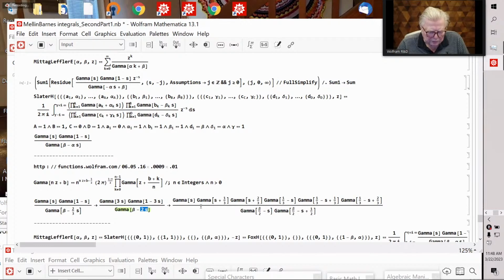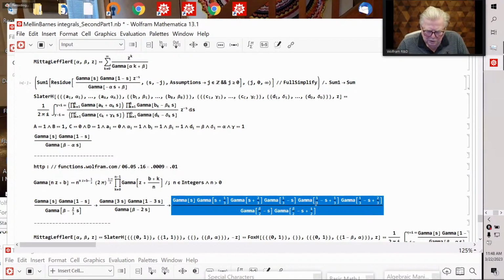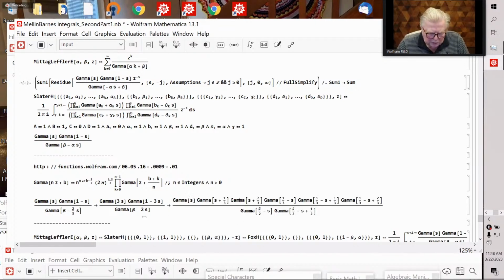So what we have? We have many gammas, 6 in numerator and 2 in denominator, instead of this 3 gammas. But each gamma here has coefficient plus or minus s. So this can be used for building FoxH Meyer G function, but how many will be? 3. So sum of 3 Meyer G functions.